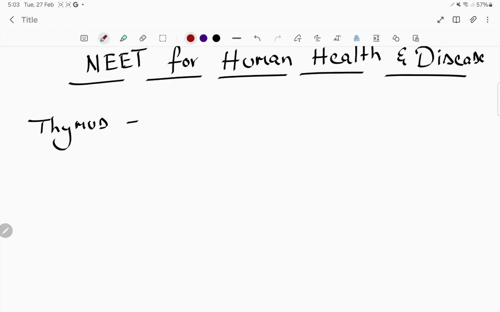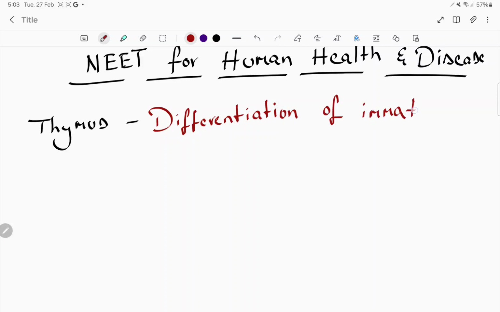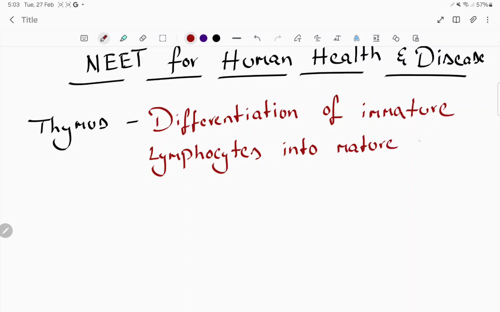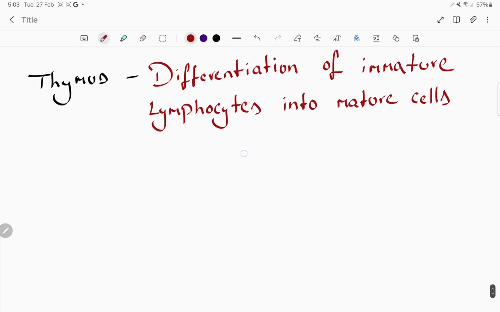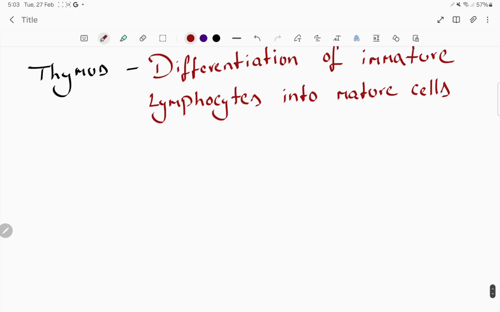The role of the thymus is nothing but differentiation of immature lymphocytes into mature cells.